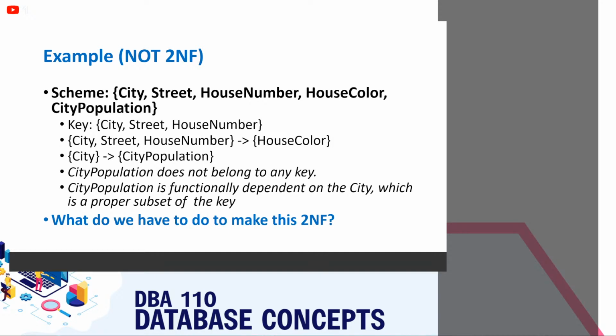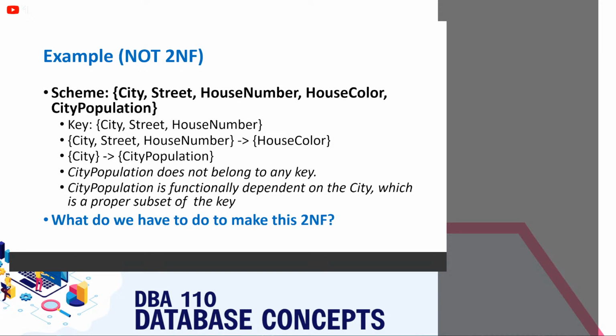So we have city and city population, and then we have city, street, house number that goes with house color. So city population doesn't really belong to the key of this particular table with the scheme in the way that we have it laid out.